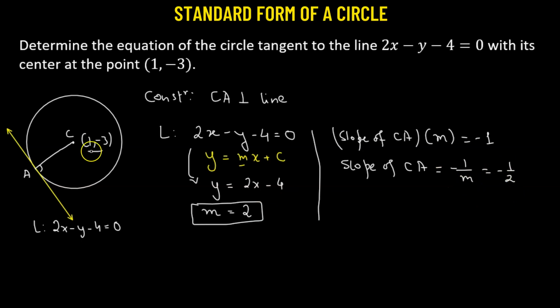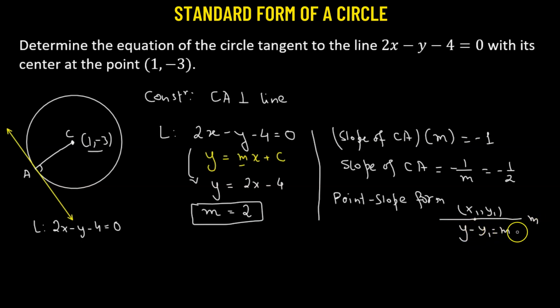Now that we have the value of the slope and we also have the coordinates of point C, we can find the equation of line CA. For this, we'll use the point-slope form. The point-slope form states that if a line passes through a point (x1, y1) and has a slope m, then the equation of this line is given by y minus y1 equals m times (x minus x1).